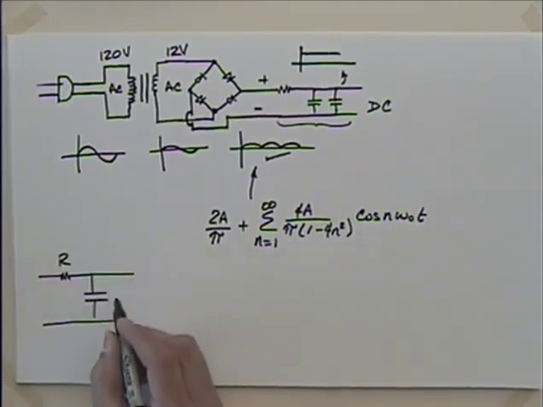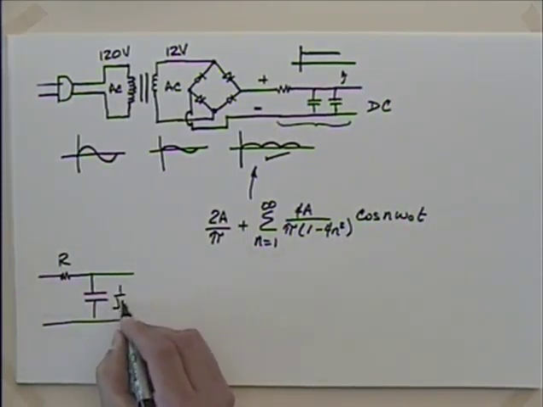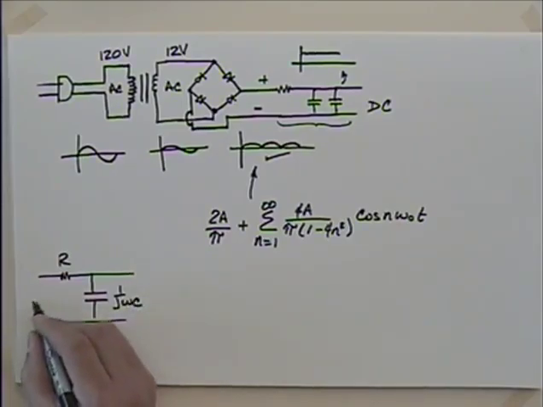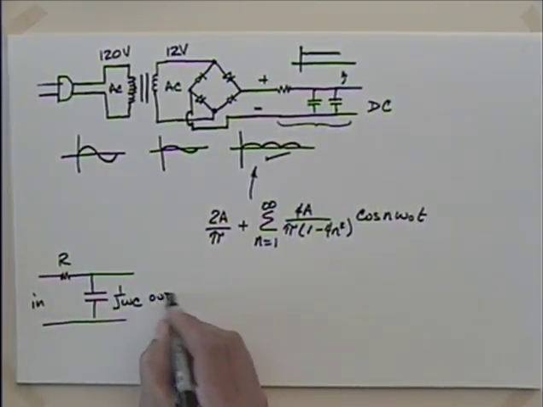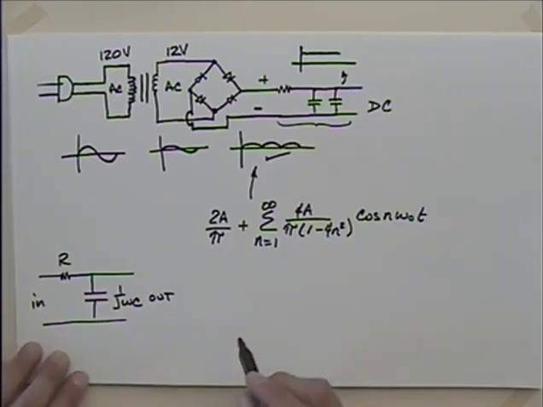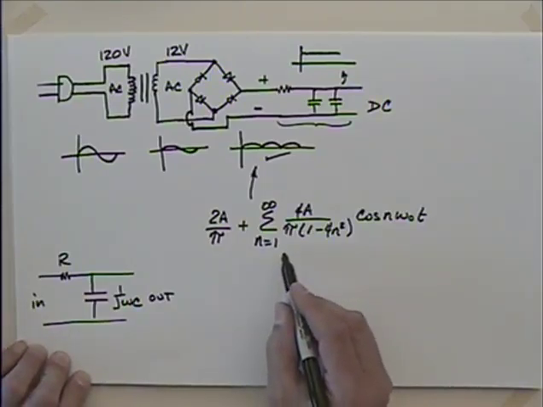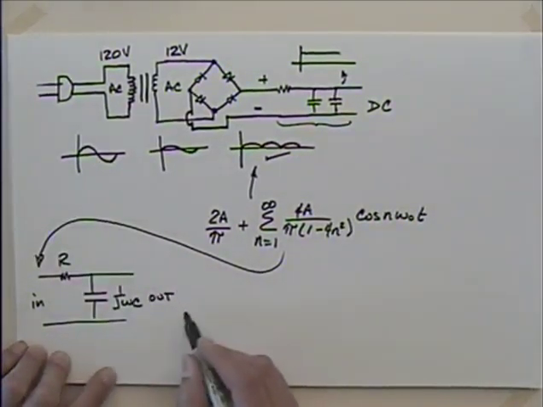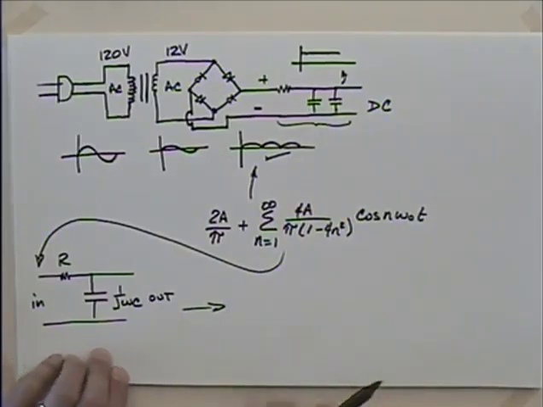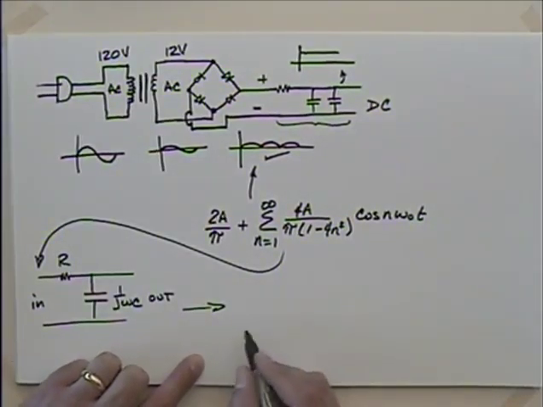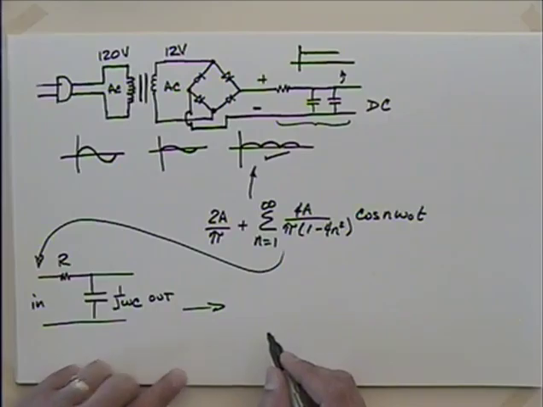So we've got R and 1 over j omega C. This is our in, this is our out. Okay? So we're going to put this into this, and we're trying to see what we come out with. But we're going to have to come up with a transfer function.